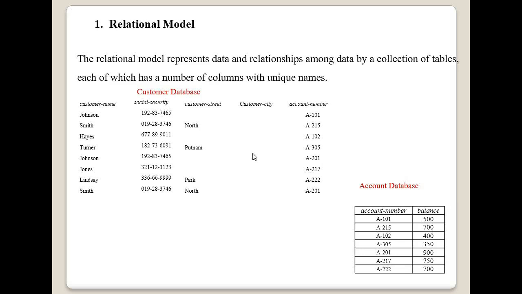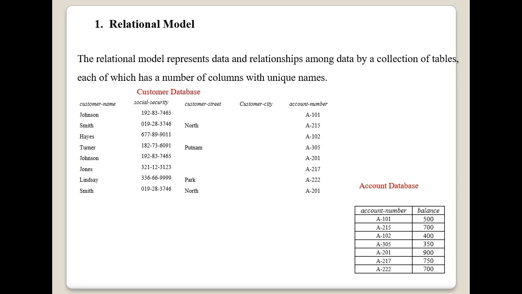First, the relational model. The relational model represents data and the relationships among data by a collection of tables, each of which has a number of columns with unique names. You can see the customer table and the account table. In the customer table, we have 5 fields: customer name, social security number, customer street, customer city, and account number.